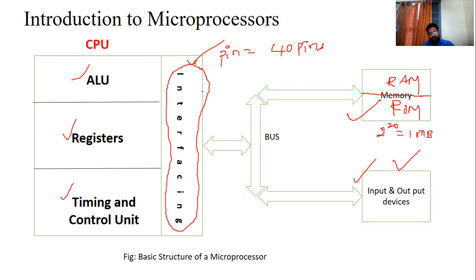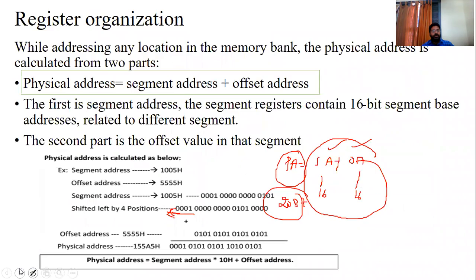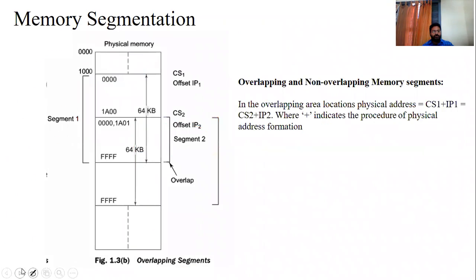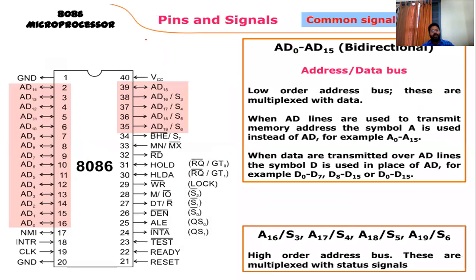You can call it the pin type, the pin and signal description. So in the next class, we are going to see interfacing, nothing but the pin diagram of that.